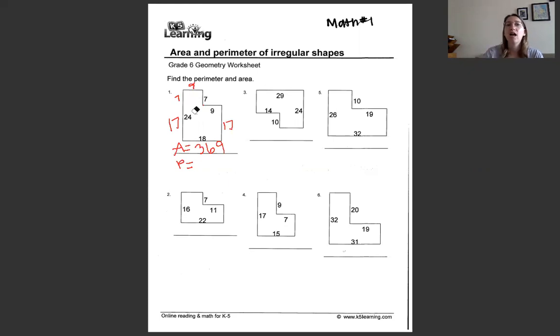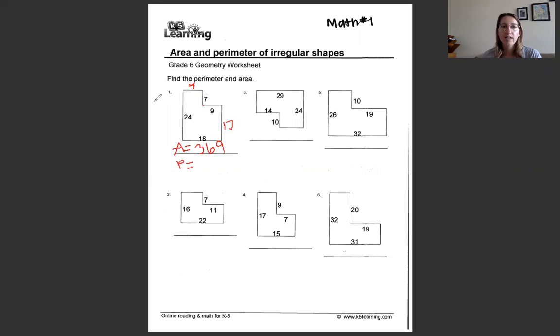And the last thing I'm going to remove are only this 7 and 17. The reason being, we found this 17 here and this 9 here. Those need to stay for the perimeter. However, because we know that this whole side is 24, we don't even have to look at this business again, right? So from there, we need to add all of these sides up.